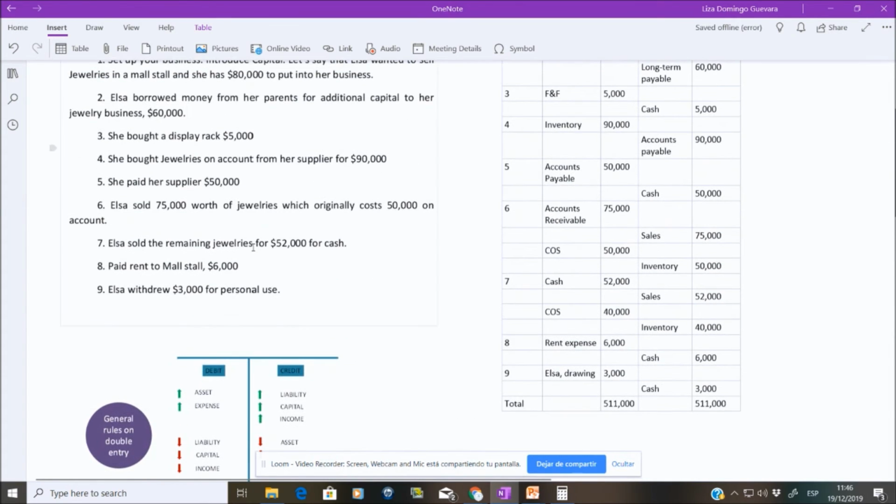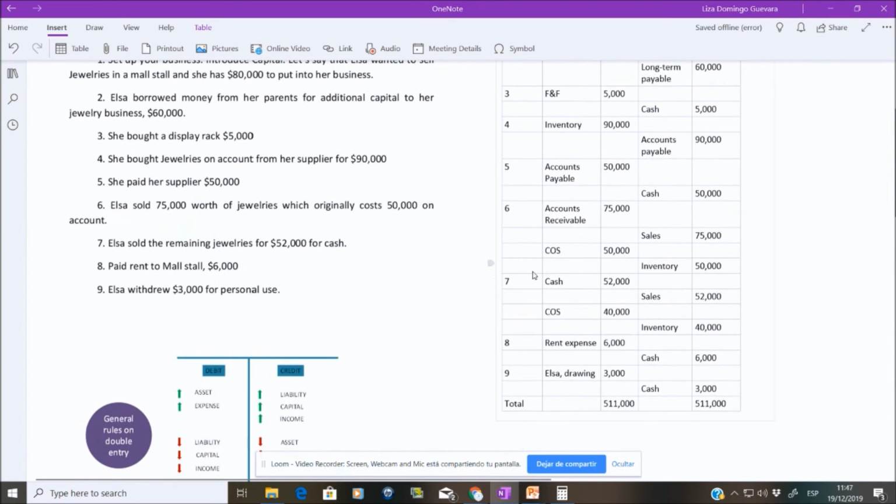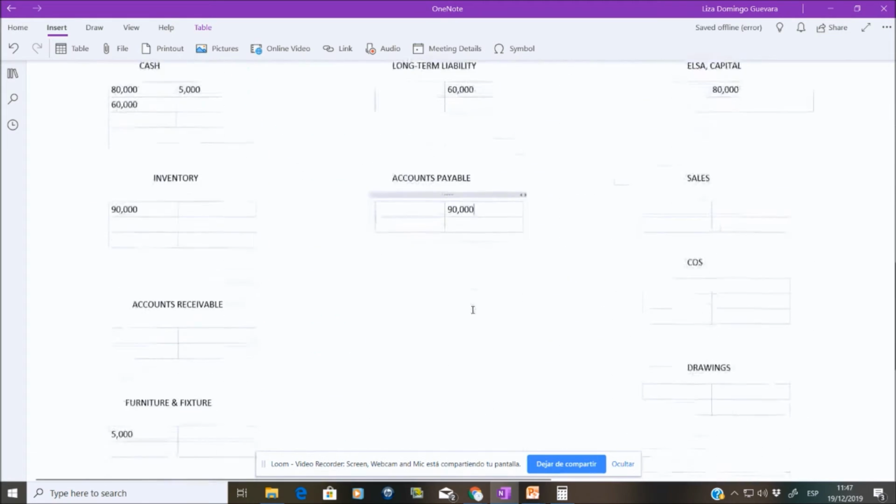Number four, we have debited inventory 90 and credited accounts payable 90. Number five, we paid the accounts payable in the amount of 50,000. So we'll debit accounts payable and credit cash.